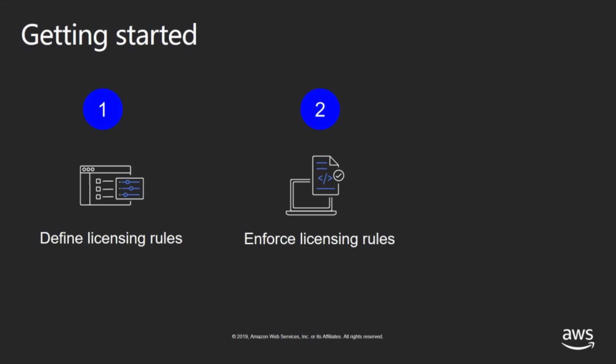Once rules are enforced, the service automatically keeps track of instances as users spin up and down, and the organization stays compliant per their license terms. Additionally, administrators can also discover software that your users bring in after spinning up instances. And step 3 is that administrators can keep track of usage using AWS License Manager's built-in dashboard. Let's examine each of these steps.